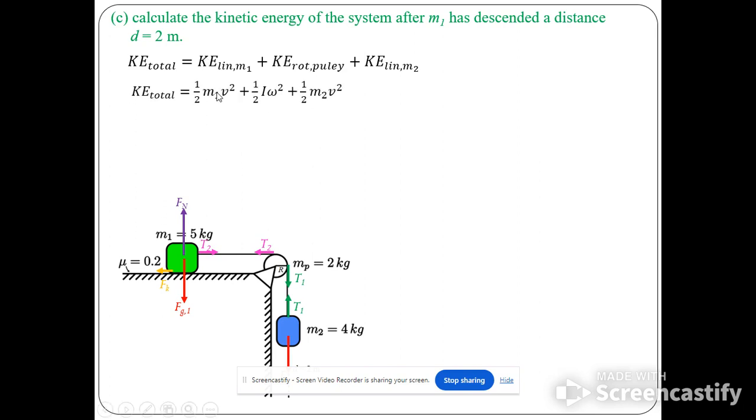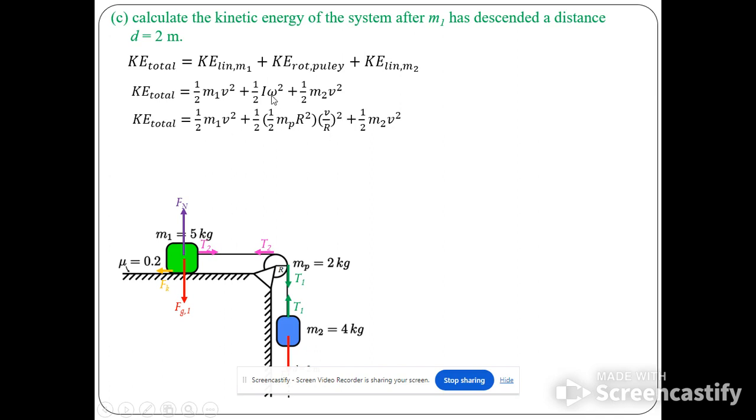The first KE is for M1 because that's just moving linearly. So V has to be linear. The second term is for the pulley, which is 1/2 I omega squared. And then the third term is M2, which is the hanging mass in blue. And that's just linear. So that's what it looks like. And then again, if you know your moment of inertia value for a disk spinning relative to the center of mass, the coefficient here is 1/2 M for the pulley, R squared, and then we can substitute out omega squared for V squared over R squared.